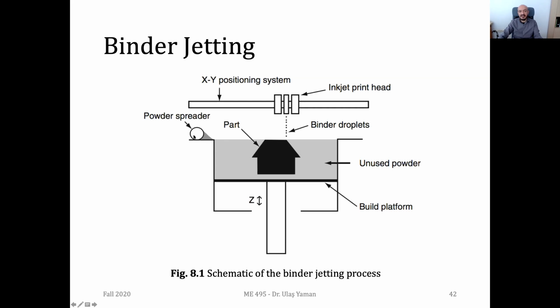Once you have it, then with your doctor blade or counter rotating roller, you may spread it on the table. And once you have a new and uniform layer of powder, then you can deposit these binding agents on the table. Once they are deposited, these powders will be joined together. So in summary, if you repeat these processes, you will obtain the desired part.